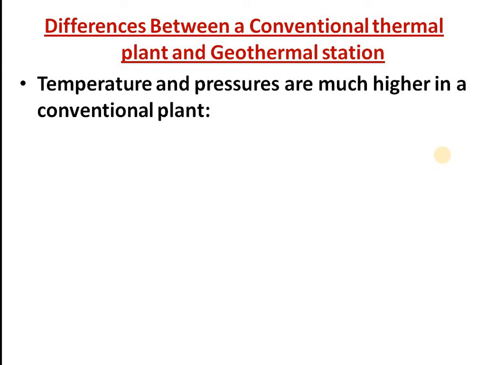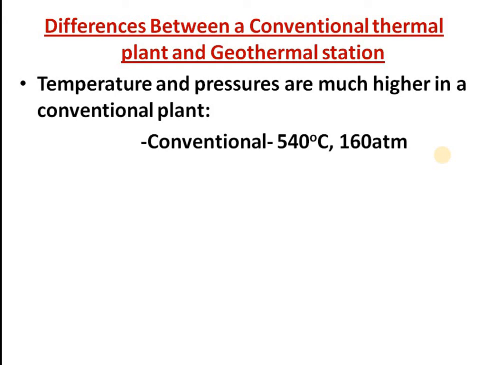For a conventional thermal system, temperature is much higher. Okay, the temperature of a conventional, for example, a coal-based thermal power plant, may go as high as 540 degrees Celsius, and the pressure may go as high as 160 atmosphere.